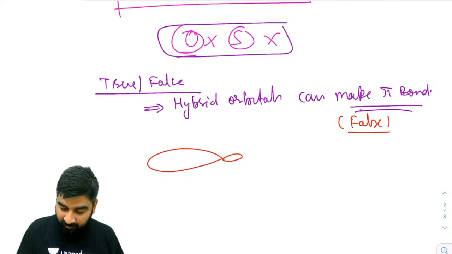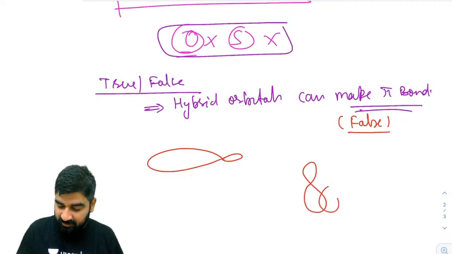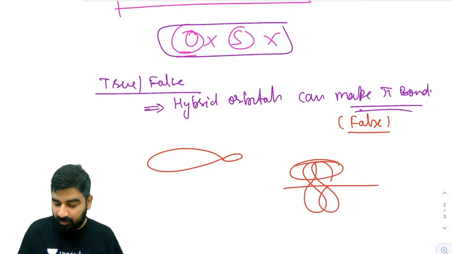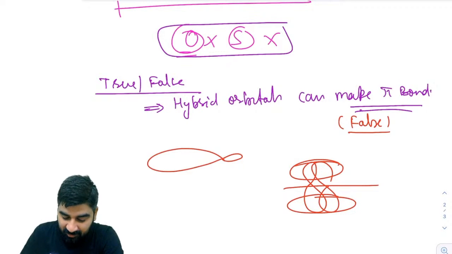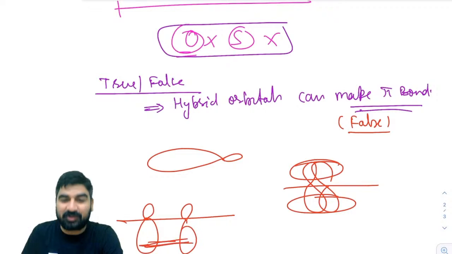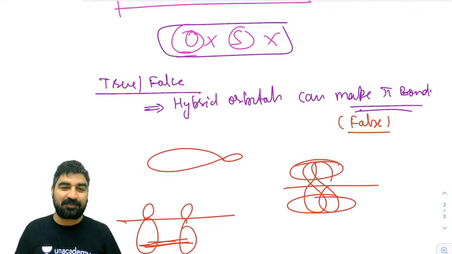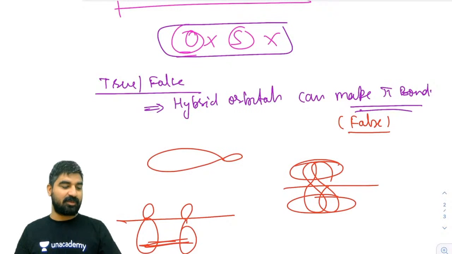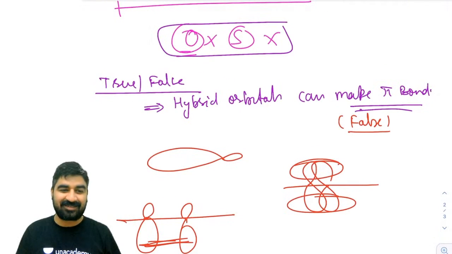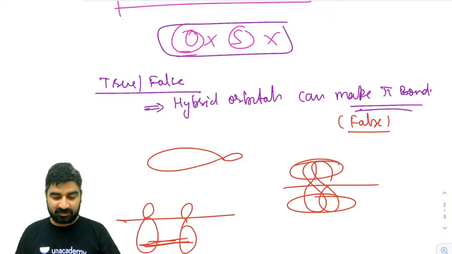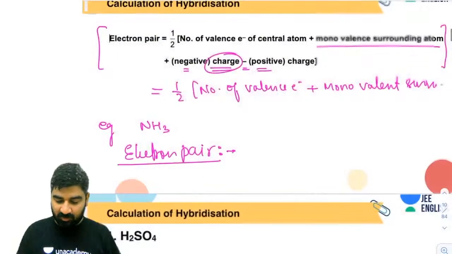When pi bond formation takes place, both lobes should be of equal size. If you want to make the pi bond, these two can overlap, but what about the other two? So if some orbital is hybrid, then it cannot form the pi bond. Got it, guys? Any doubt?